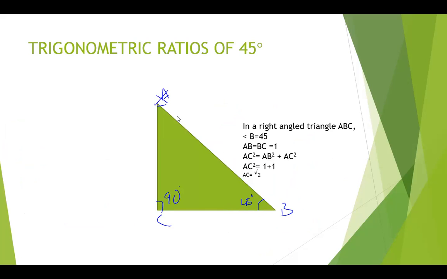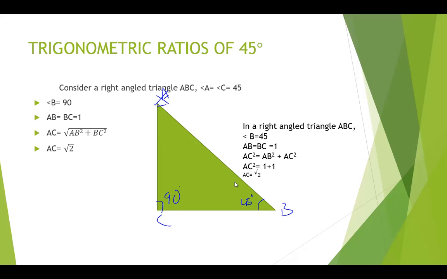Now you forget about this angle. Only this one, 45 degree. Now, let me consider a triangle with angle B as 45 degree and angle C as 90 degrees. Now, if this is 45, then this must be 45, means the side opposite to this one and the side opposite to this one, both are of equal length. If it is 1, this is also 1.